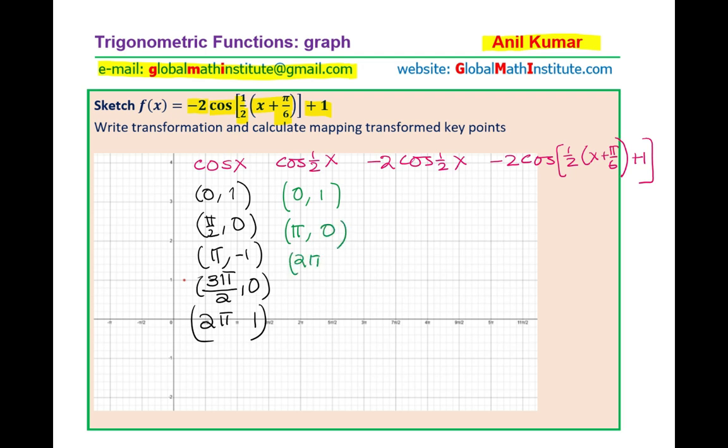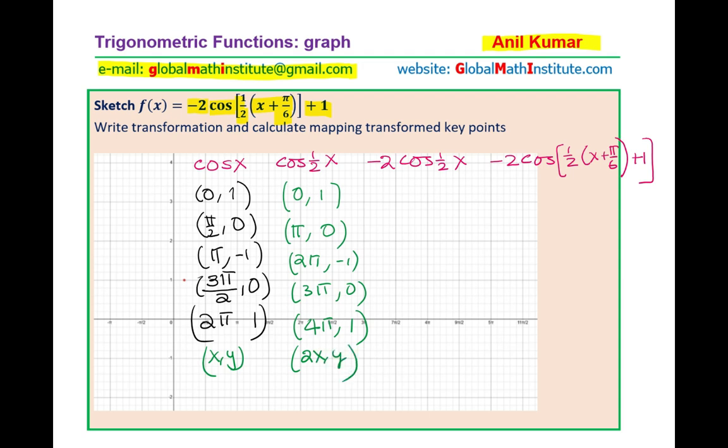This will give me 2 pi, minus 1, and then this is 3 pi, 0, and that is going to be 4 pi, 1, right? So what you have seen here is that the x, y point here will be now as 2x, y, correct?